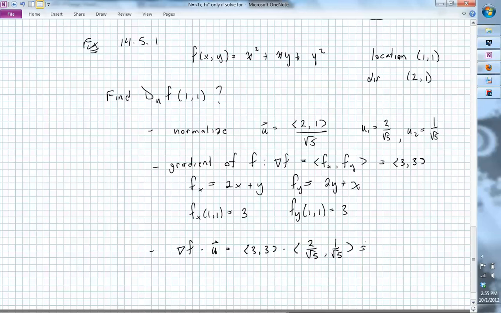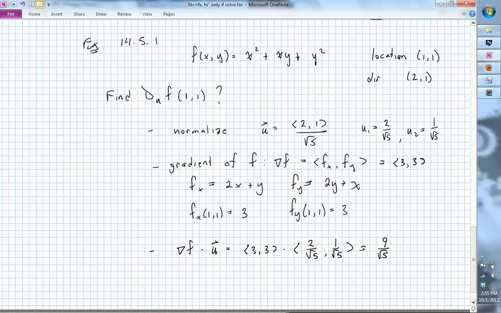And let's see, that's 6 over root 5 plus 3 over root 5 is 9 over root 5. Okay, so the directional derivative of this function f at the location 1, 1 in the direction 2, 1 is 9 over root 5. My God, what does that mean?